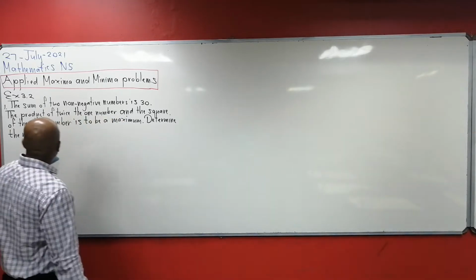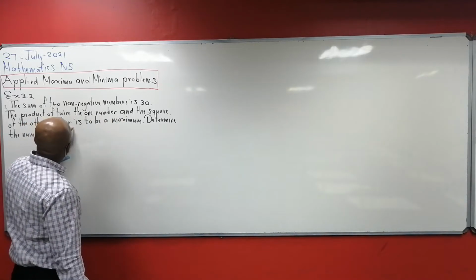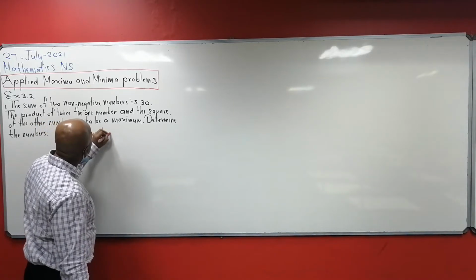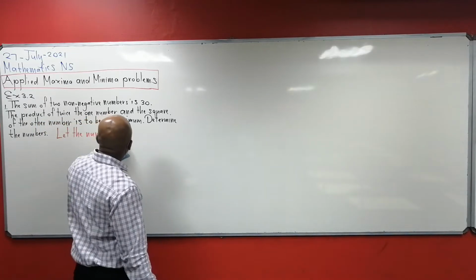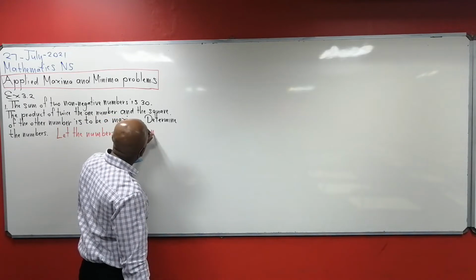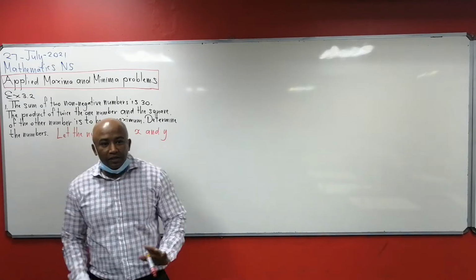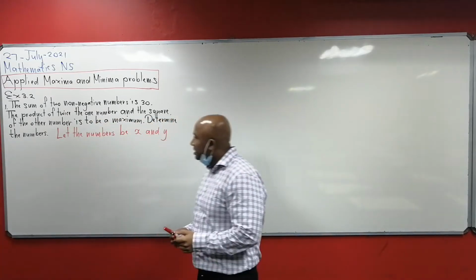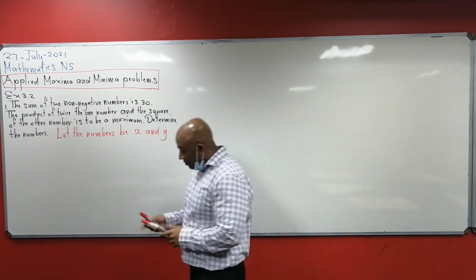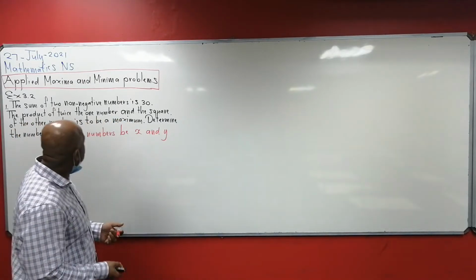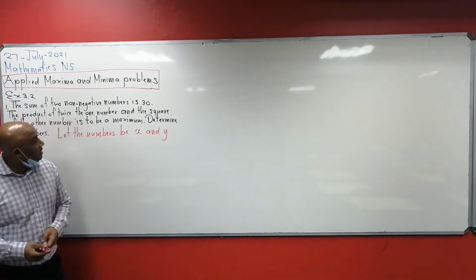So let the numbers be x and y. You can call them whatever you want to: A and B, P and Q. I'm calling these numbers x and y. So the first sentence, the sum of two non-negative numbers is 30.